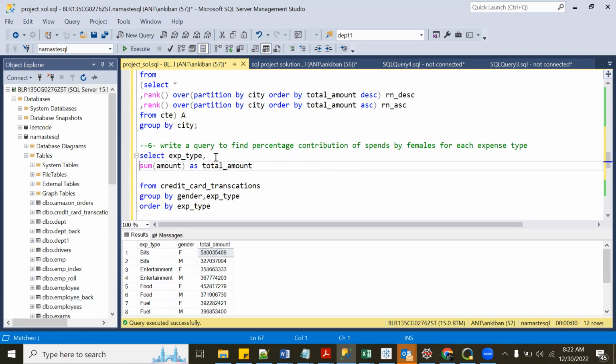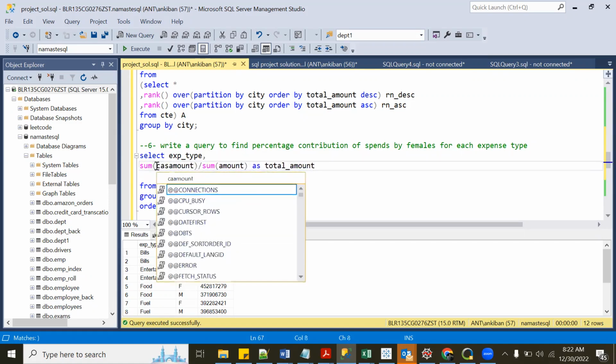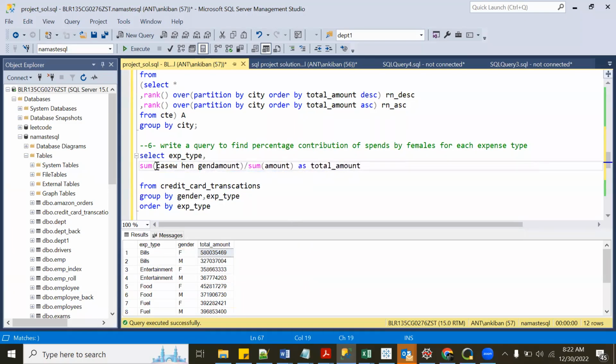Okay. And I will say sum of amount divided by sum of amount. Here I will say case when gender equal to F, then amount, right? Else 0 end, right? So in the numerator, I will get total value only for gender female. Otherwise, I am doing 0.